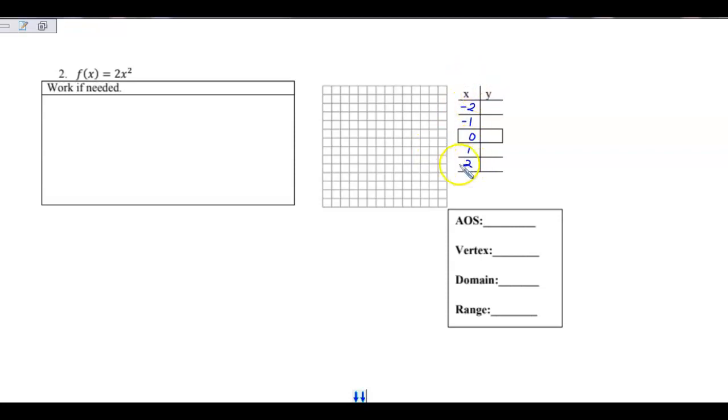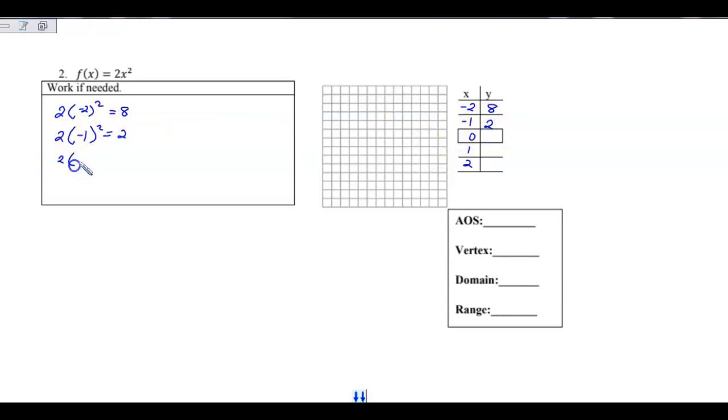It doesn't matter which order you go in. If I have 2 times my x squared, and my x is -2, -2 times -2 is 4, 4 times 2 is 8. If I have -1 squared, that's -1 times -1, which is 1, and 1 times 2 is 2.